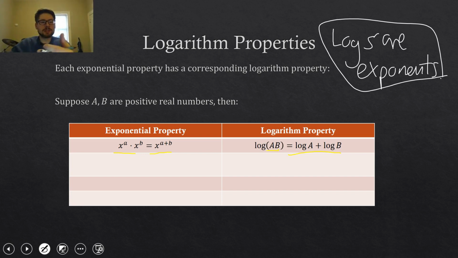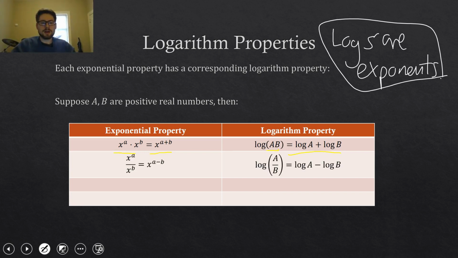Or if you have a sum of two logarithms with the same base, you can smush them together into a single logarithm. Okay, the next property is that if you have a quotient, log of a over b, that's equal to a difference, log of a minus log of b. So the log of a quotient becomes a difference of logs.